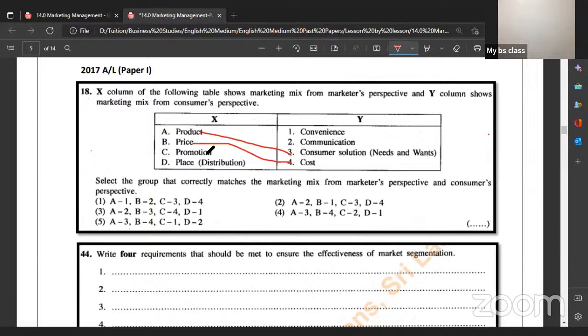And think about the promotion, which always tries to communicate the message to the consumer, communicate the price, encourage. So it's communication. And the place is distribution, that should be somewhere very convenient for the consumer to go and purchase, or maybe to order online. If you consider that manner, that has to be like A3, no?